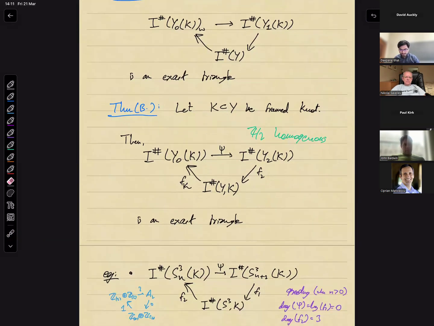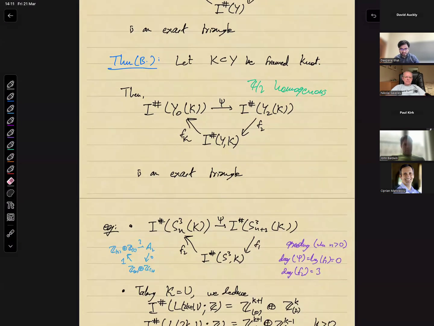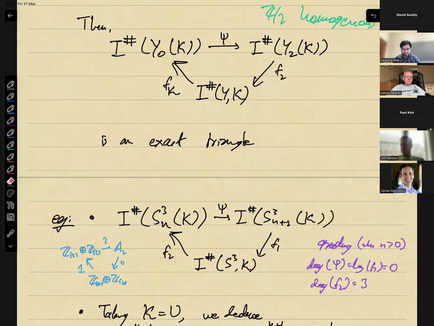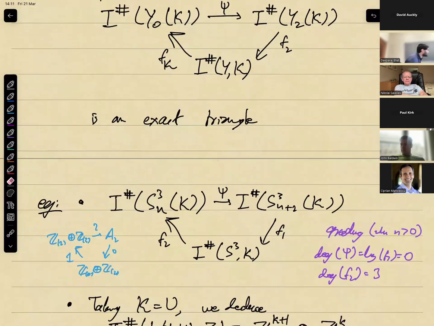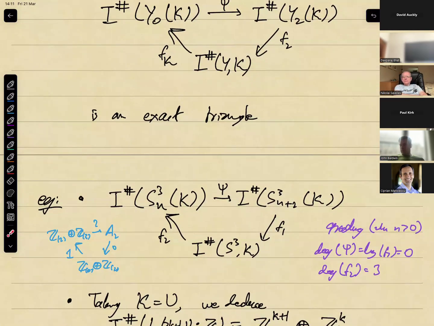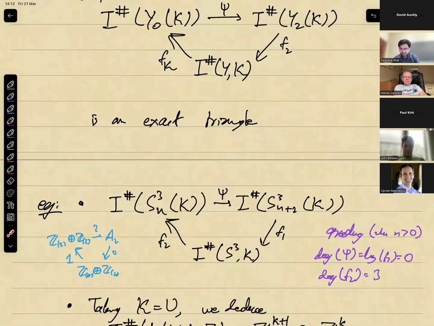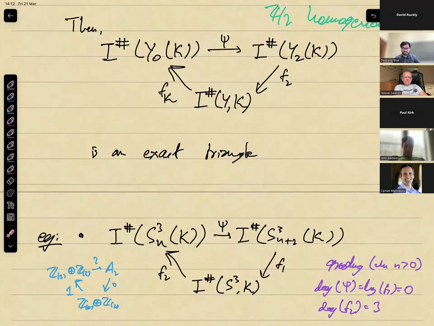Okay, so I want to talk about a few examples. So we can consider this triangle for our ambient manifold being S3, and you're looking at knots inside S3, but we don't need to choose the Seifert framing.